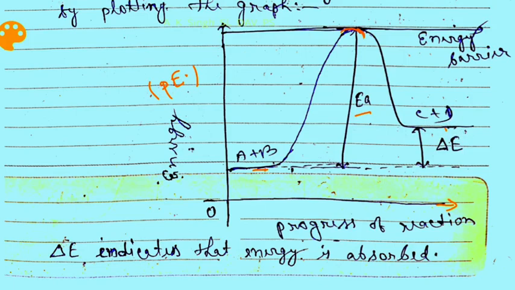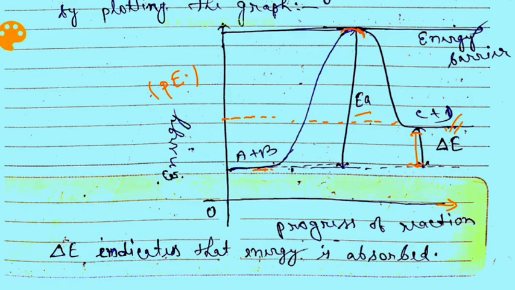C and D. Now this graph clearly indicates that energy of A and B is less than the energy of C and D, because energy is in increasing order on y-axis. So energy of A plus B is less than the energy of C plus D, and hence this difference clearly indicates that such amount of energy is absorbed by the reactant molecules.